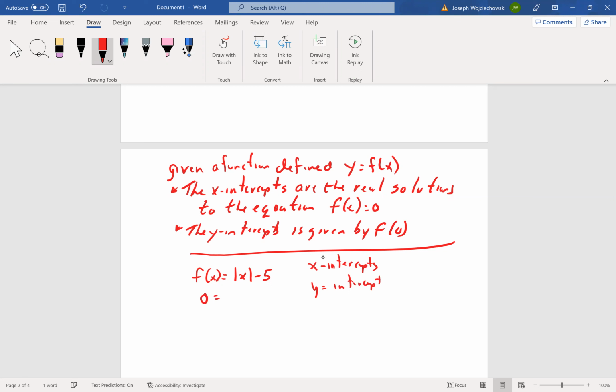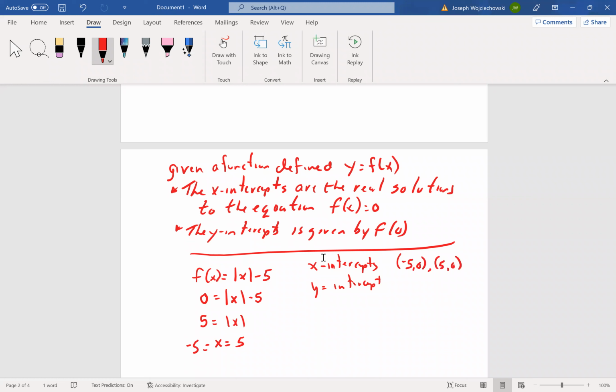So 0 equals the absolute value of x minus 5. Add 5 to both sides to get 5 equals absolute value of x. So x is equal to 5 or x is equal to negative 5. So these would be -5, 0 and 5, 0.